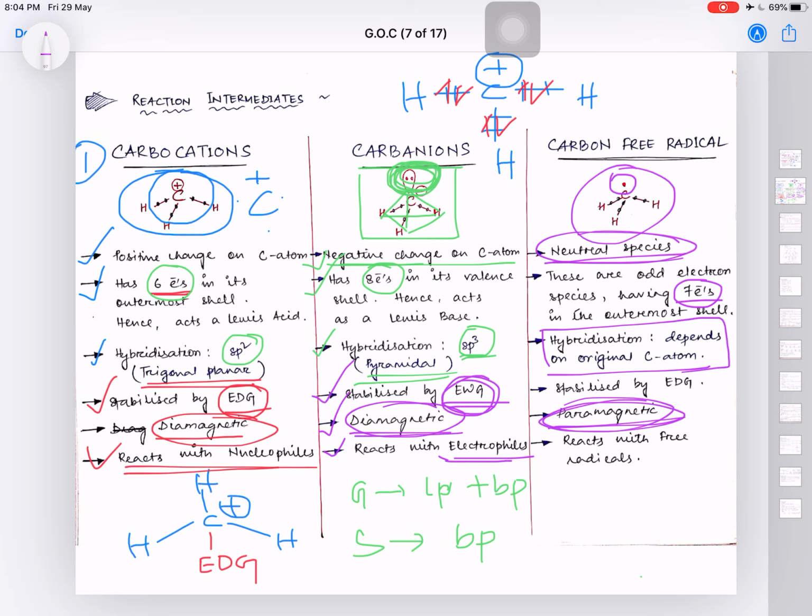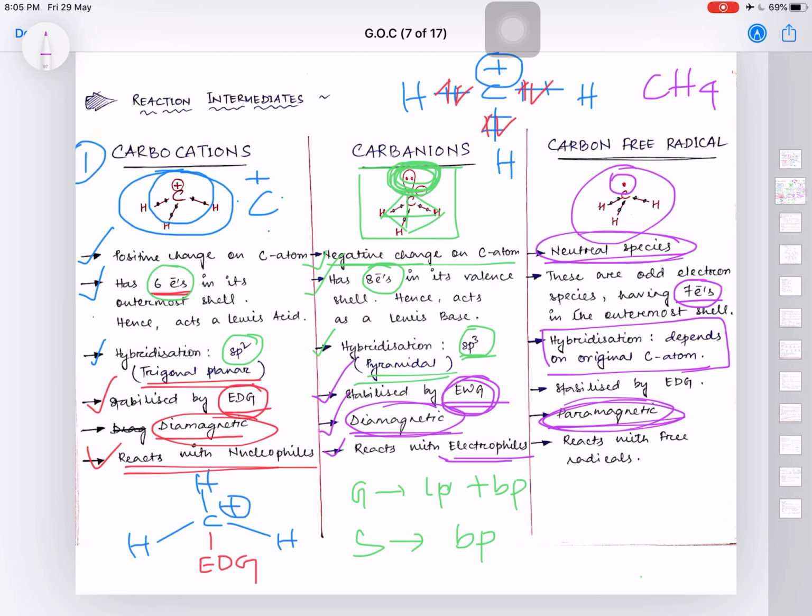The hybridization of this carbon depends upon the original carbon. Say this free radical is formed from methane, then the hybridization of carbon in methane is sp3, so the free radical will also be sp3.